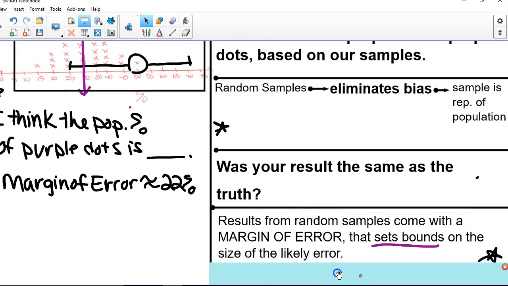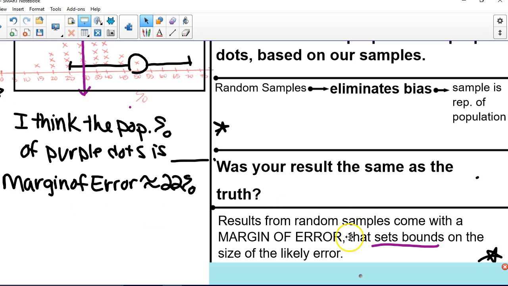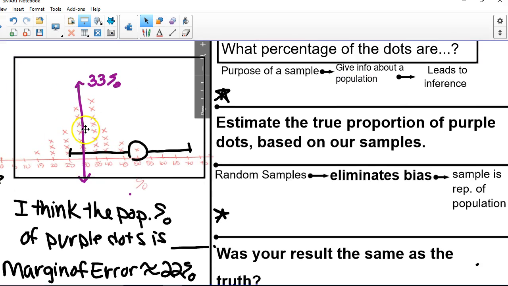and again, pause where you need to write down the notes. Results from a random sample come with a margin of error that sets bounds on the size of the likely error. So statisticians don't ask 1,000 people who's going to vote for Hillary multiple times. They ask one sample of 1,000 people. So they get one of these little dots, right?